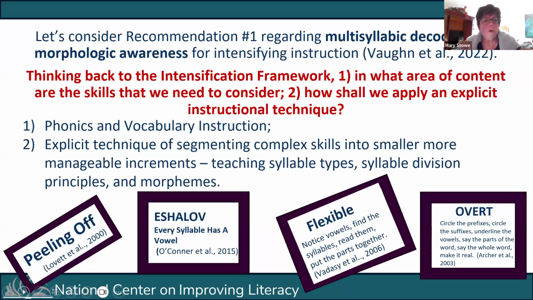In almost every one of them, what we need to think about is noticing the vowels. If you're interested in the research for this, I can certainly provide that information to the organizers. And if they send out anything to those who are participating, I'm happy to share the research behind each of these.